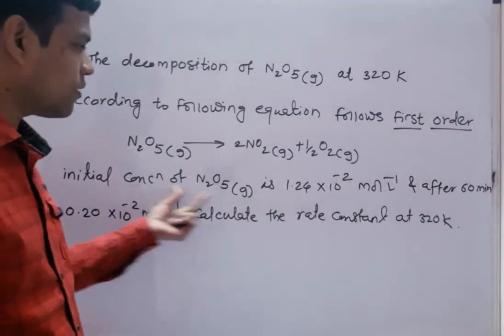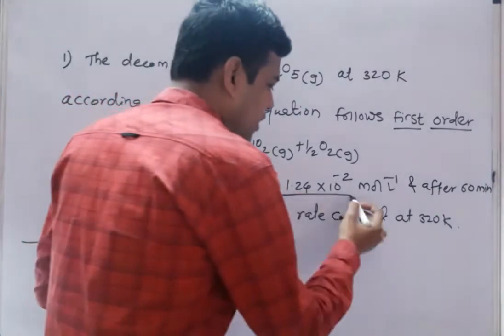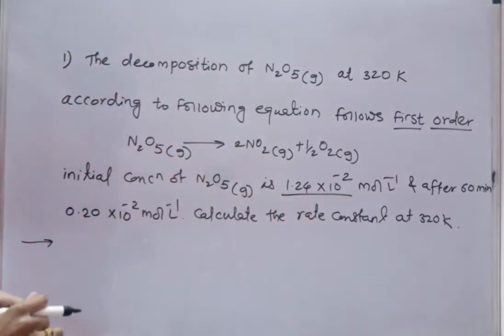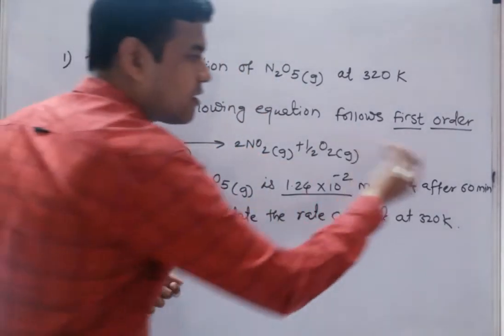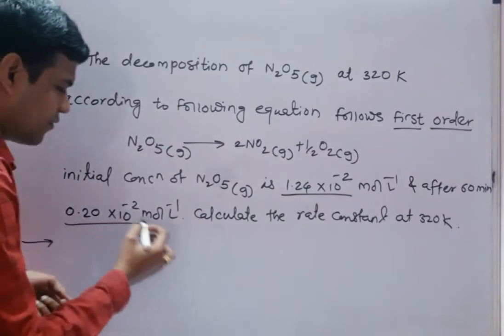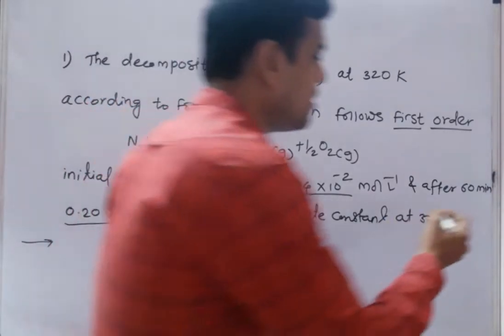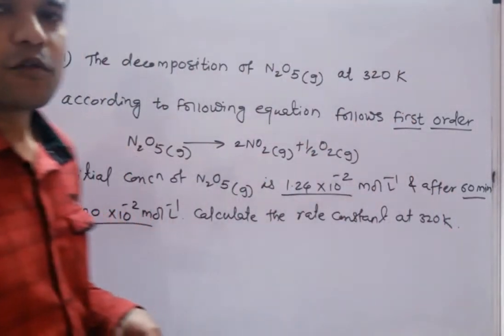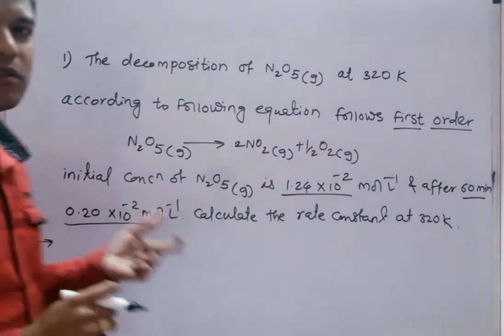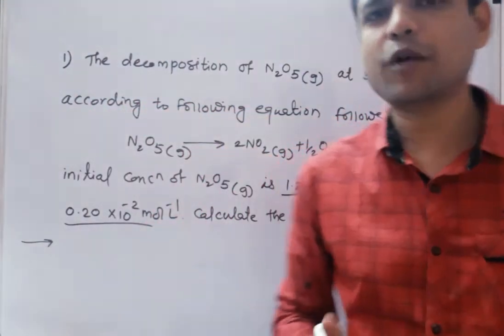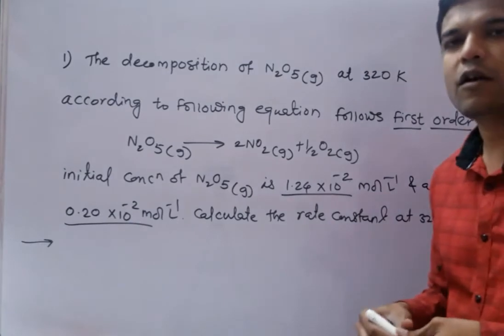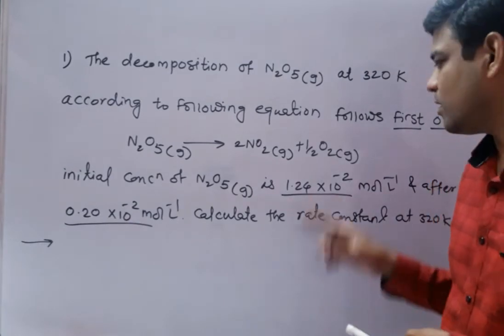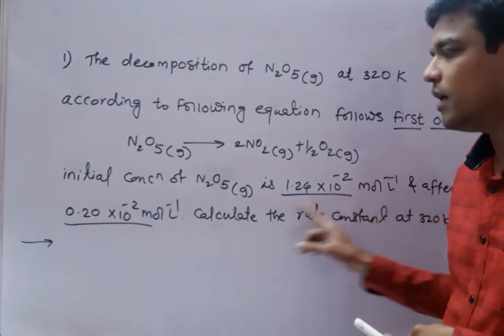Now see here friends, here the initial concentration, that is A0, is given, and the concentration after 60 minutes, that is At, is also given with time t, 60 minutes. Okay, so now you can calculate the rate constant. You know the formula, K is equal to 2.303 upon t log10 A0 by At. A0 is this value and At is this value.